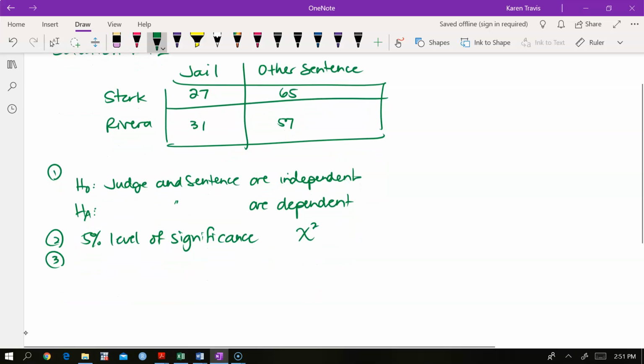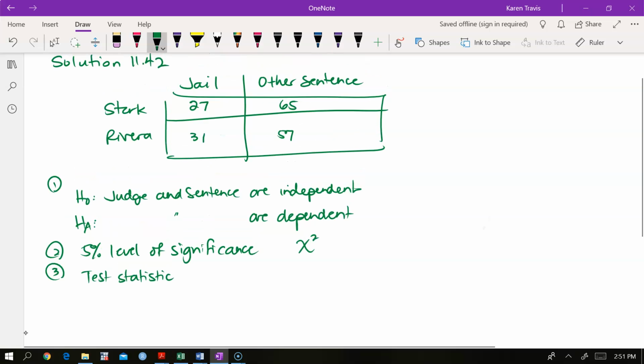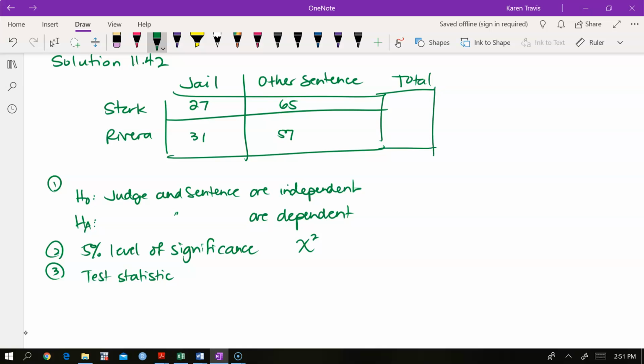So the next part is getting our test statistic. For each value we need an expected value, so we need the total that goes with each row and each column.